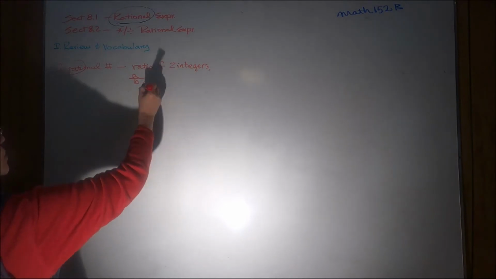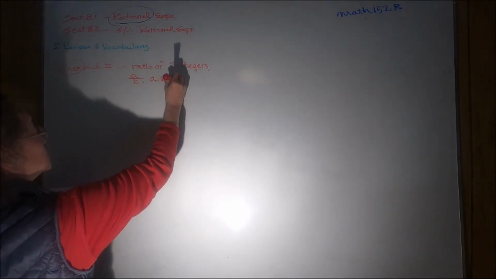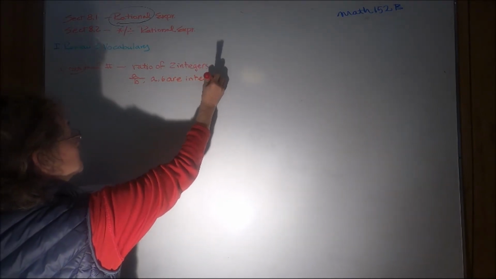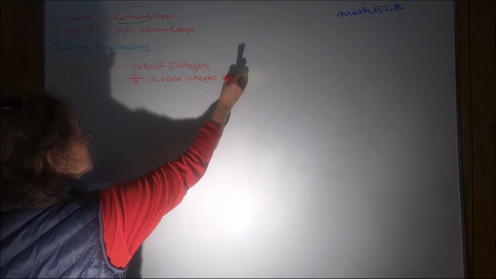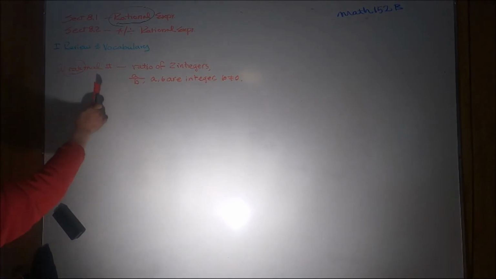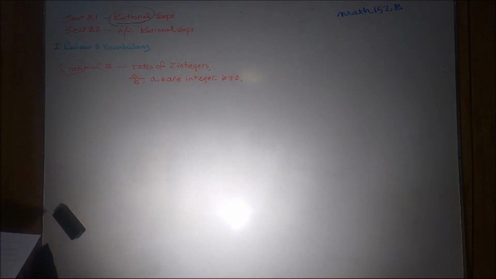A and B are integers. For fractions, you have a restriction: the denominator cannot be 0. So those are numbers we talked about before. Rational numbers means it's a fraction, right?